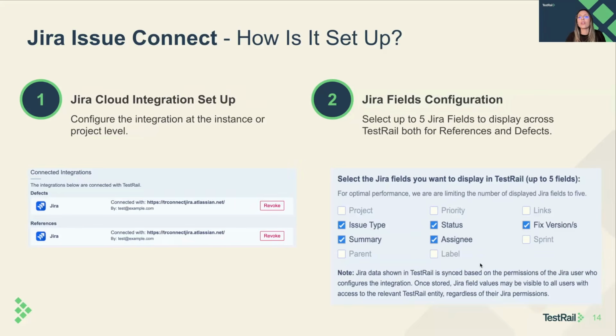We are intentionally limiting the number of fields that you will be able to see across TestRail to 5 to make it easier visually. But at any moment, you can go back and change your configurations, and instead of seeing the 5 that you have set up here, you will be seeing the new ones. So we will have the data for all of them, but across TestRail and the reports, you will see the most important ones. Otherwise, tables, reports, and so on would be really packed and it wouldn't be readable.